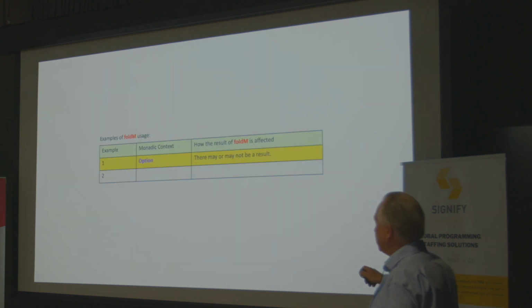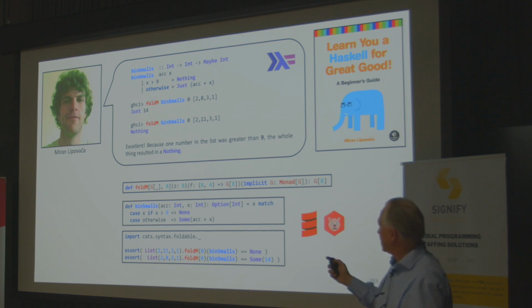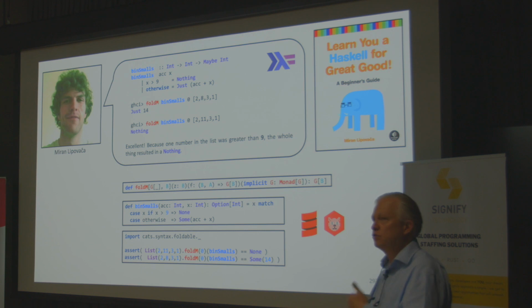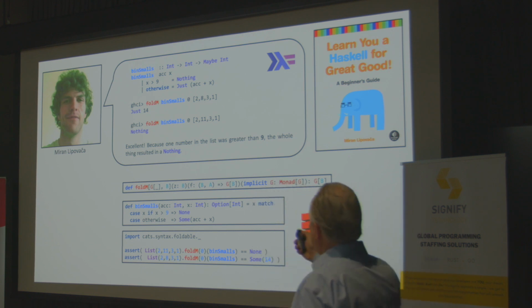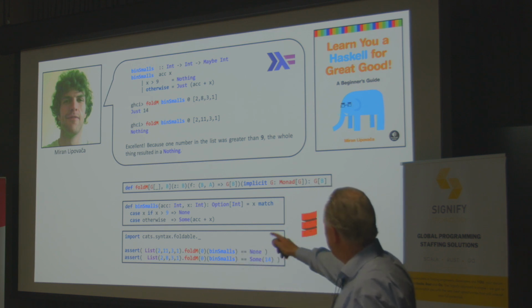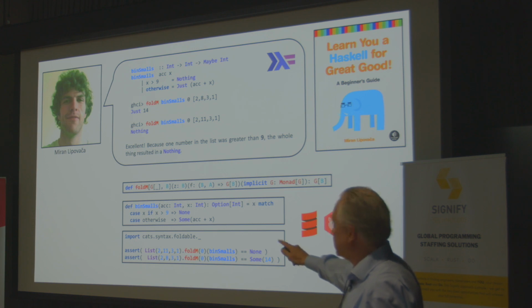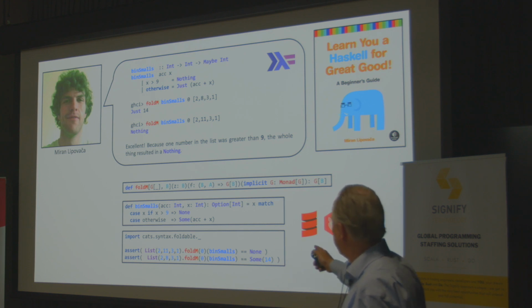Let's look at an example where the monadic context is an Option. If you look at the bottom of the slide, there's some Scala code. The binSmalls function takes an integer accumulator and an integer current element, and if the current element is too large, it returns None. But if it's not, then it adds it to the accumulator and returns that in a Some. In the first assertion, one of the integers is too large, so binSmalls returns a None, and therefore foldM short circuits and returns a None.